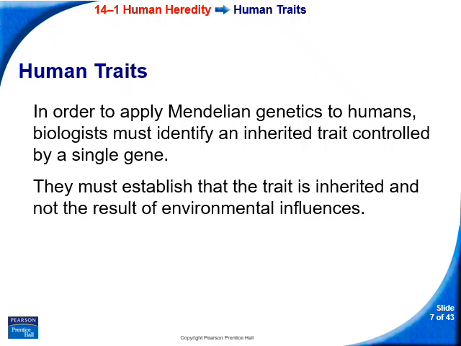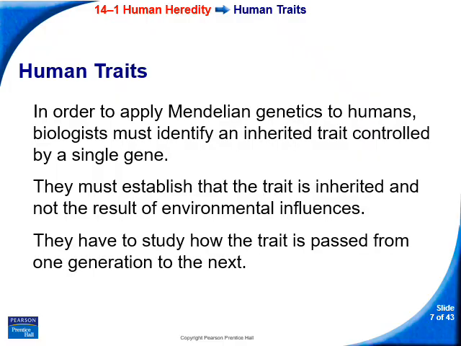Then they really do explain only the simplistic human heredity. They must establish that the trait is inherited, and if you're going to apply Mendelian genetics, they'll have to establish that the hereditary trait is not a result of environmental influences.